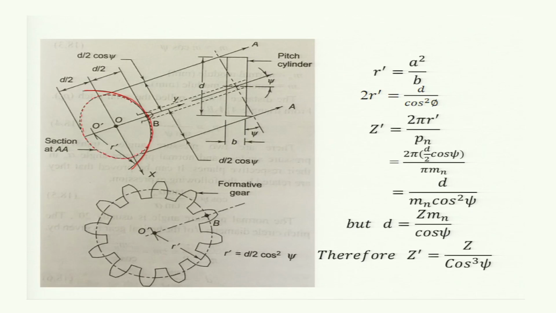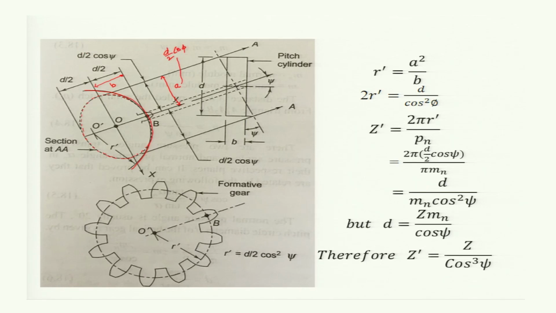The surface will look like an ellipse with half major axis given by small a, and the half minor axis given by b, okay, and this b is equal to d divided by 2, the pitch circle diameter divided by 2, and this a is given by d divided by 2 cos psi. So this is d divided by 2 cos psi, like that.